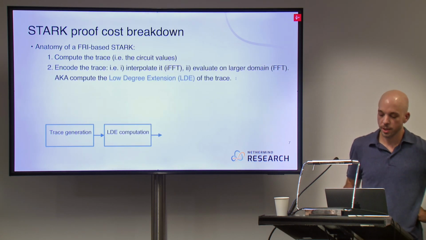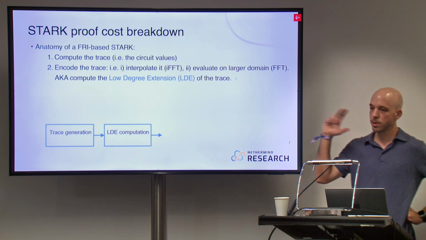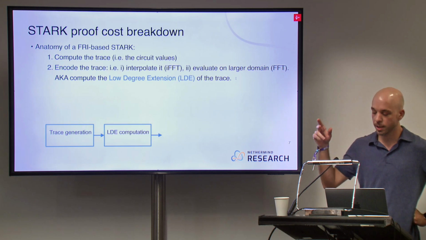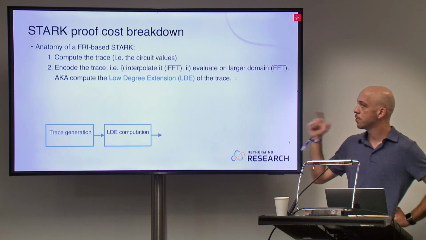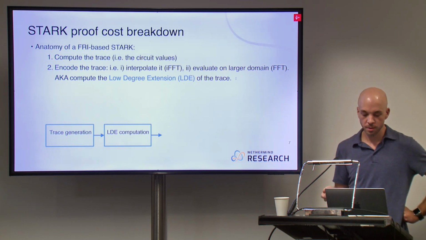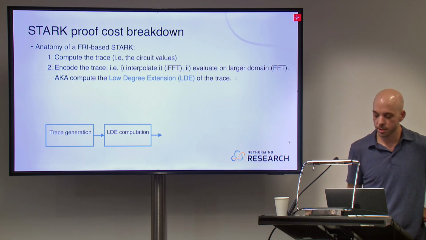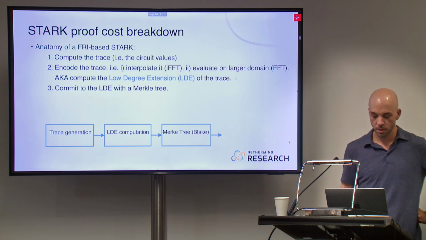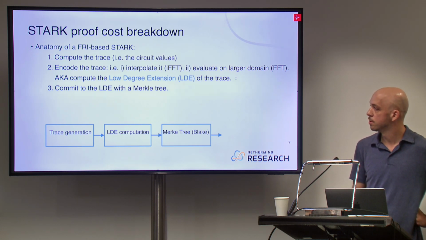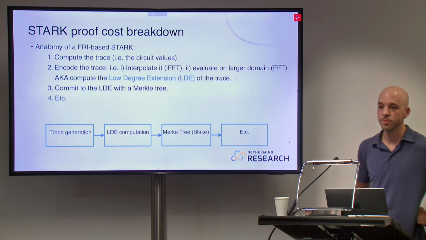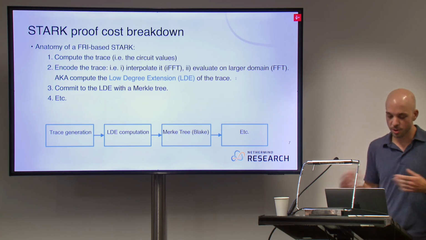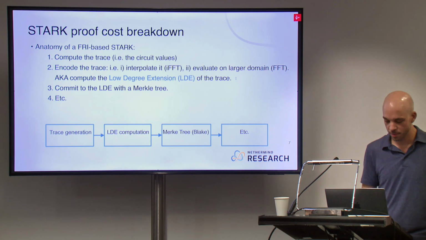Then you encode the trace, which means that you take the trace columns and interpolate them to create polynomials via an inverse FFT, and then you evaluate those polynomials on a larger domain via an FFT. This is called computing the low-degree extension of the trace. And then you commit to the low-degree extension with a Merkle tree commitment. And then there are some extra things that happen. You compute some quotients, commit to the quotients, and then apply Fry.